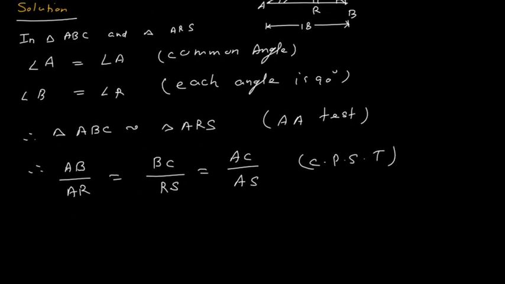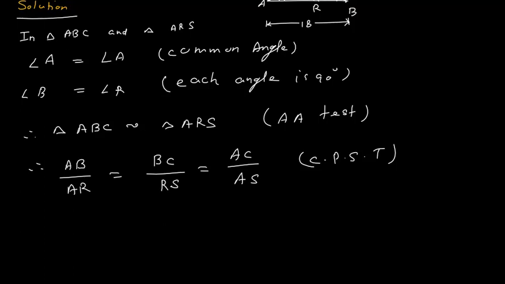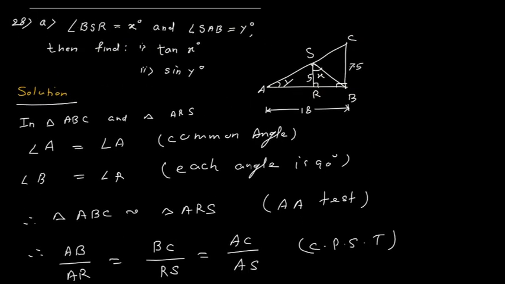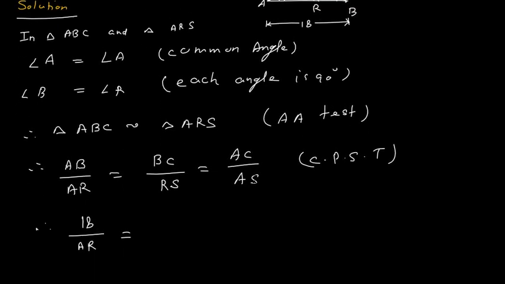Now let us put the values. The value of AB is 18 divided by the value of AR, which we don't know. This is equal to BC, which is 7.5, upon RS, which is 5, which is equal to AC upon AS.